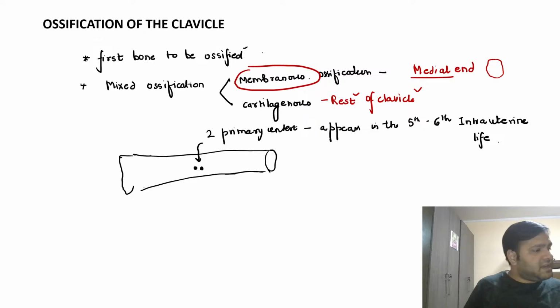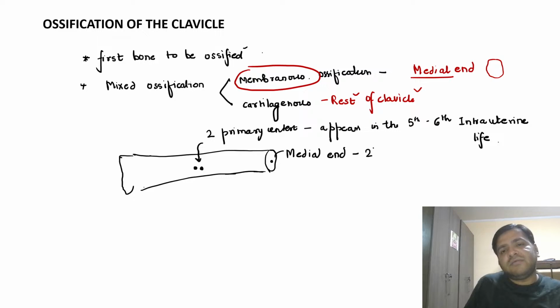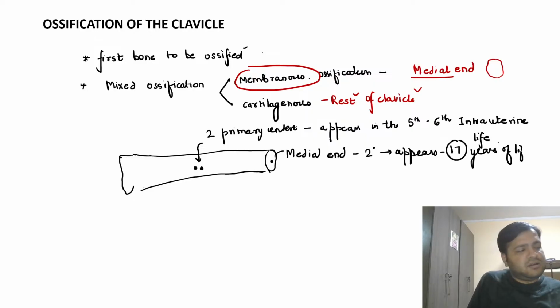Now the secondary center, basically for the medial end. For the medial end, the secondary center, it appears around 17 years of life, and it basically fuses with the shaft.